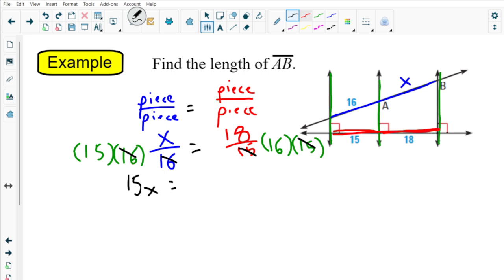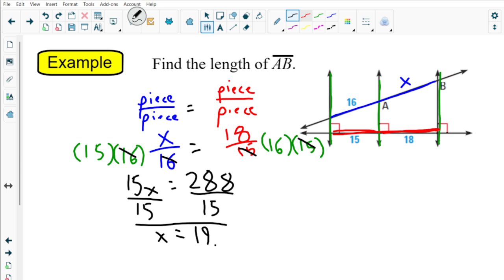And we're going to have 18 times 16, which is 288. So now it should be fairly straightforward to solve. We're going to divide by 15 on both sides. And we're going to get a decimal here, but it's not too messy a one. 19.2. That's an exact answer.